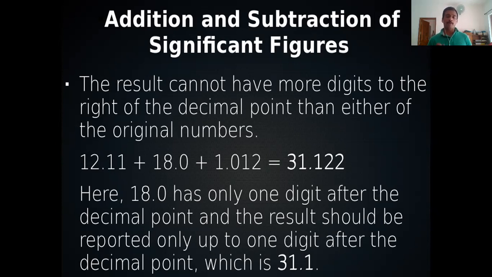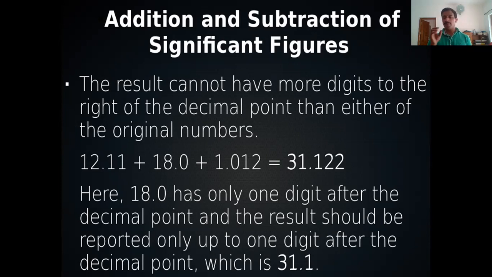When you add or subtract, the result cannot have more digits to the right of the decimal point than either of the original numbers. Suppose one number has only one digit to the right of the decimal point.